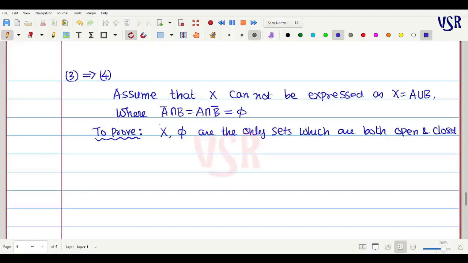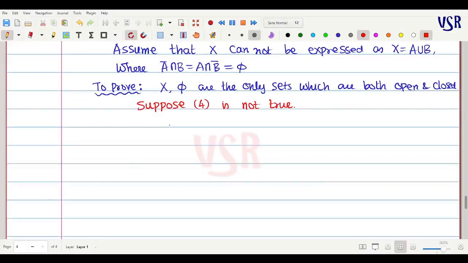Suppose 4 is not true. What does that mean?